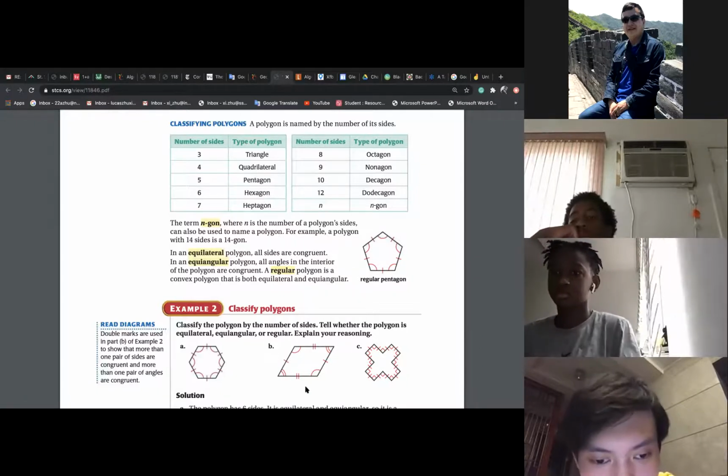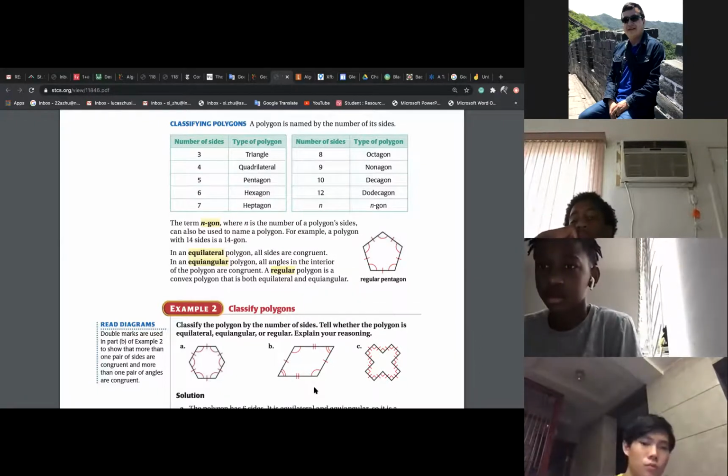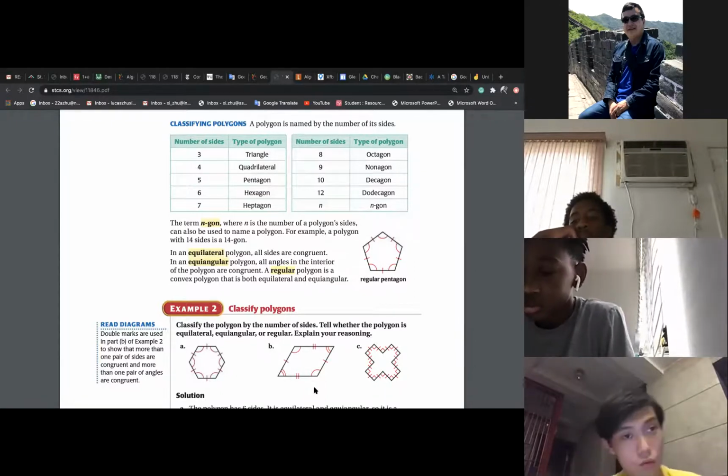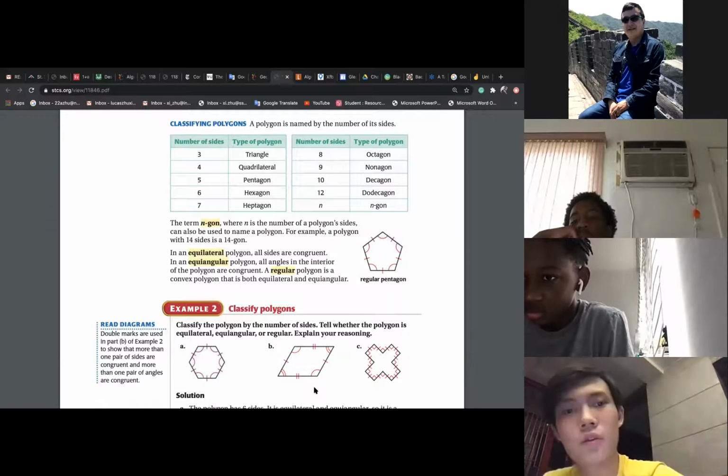How about this one? Quadrilateral. Yep, it is.